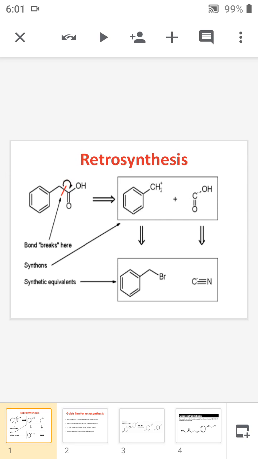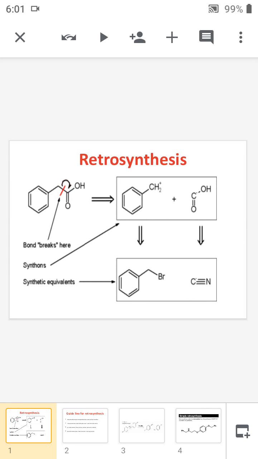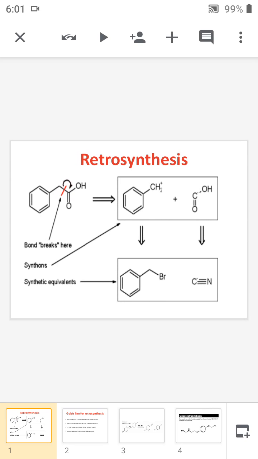So this is known as the synthons, and if you are developing the synthon, we will get the synthetic equivalent. So synthetic equivalents are the actual reagents or starting materials for the chemical reaction. So retrosynthetic analysis means it is the reverse of the actual chemical reaction.